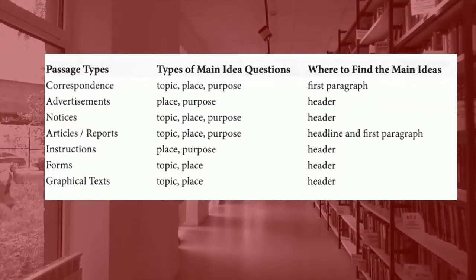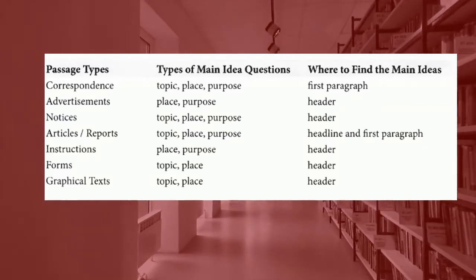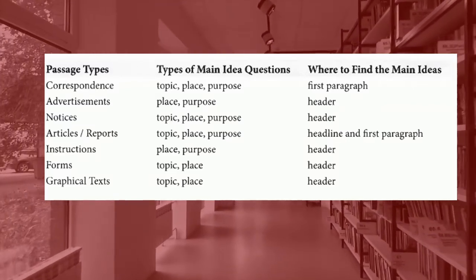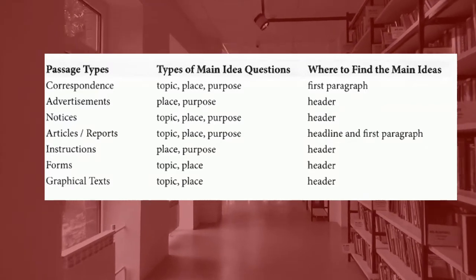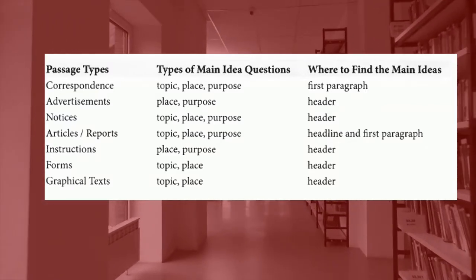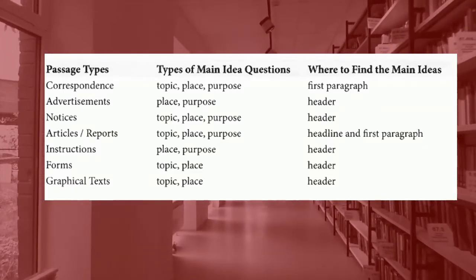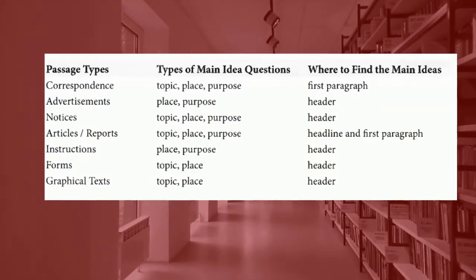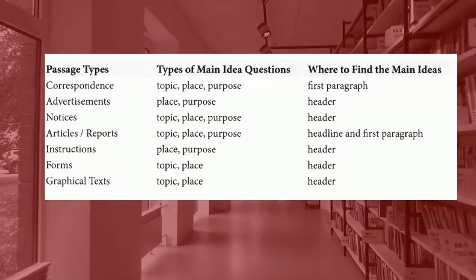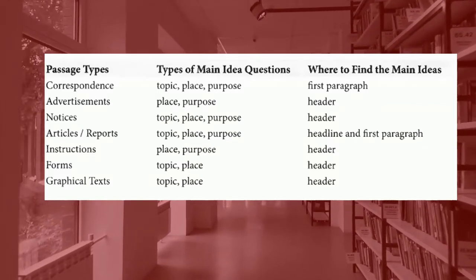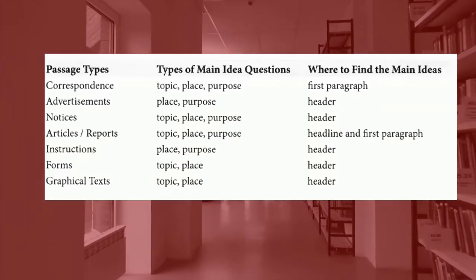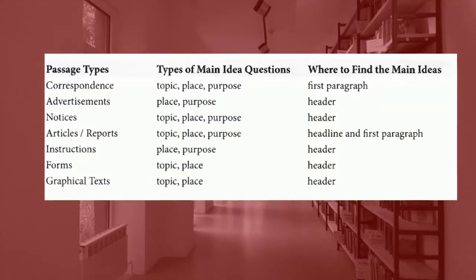And where to find the main idea is on the right hand side. If it's a correspondence, you should probably look at the first paragraph. If it's an advertisement, it's in the header. If it's a notice, it's in the header as well. And if it's an article, you can see the headline or the first paragraph. So you can see the types of passages and where to find the main ideas.